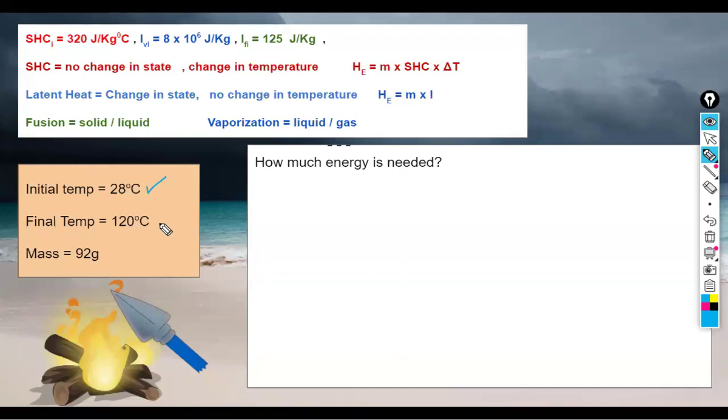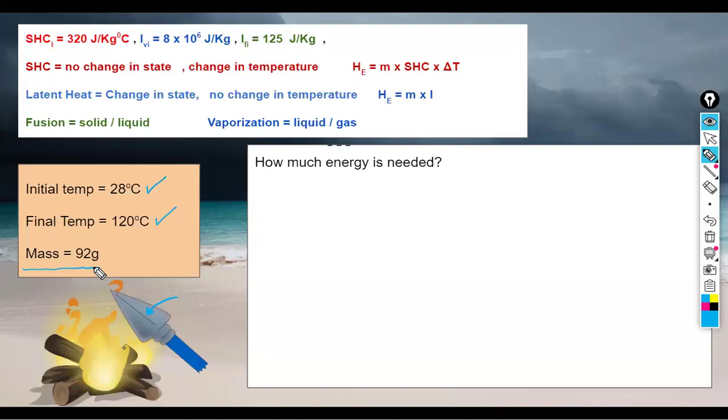And then after heating it up, it went up to 120 degrees, which makes sense, right? When you put something on a flame, it's supposed to get warmer most of the time. We're going to assume that the piece of metal did not melt. It did not melt. And the mass is 92 grams.